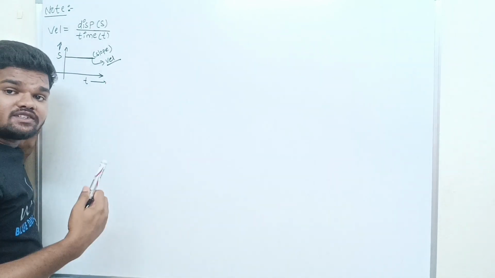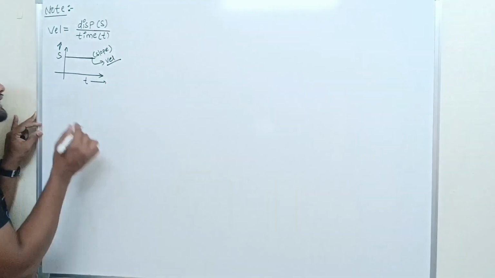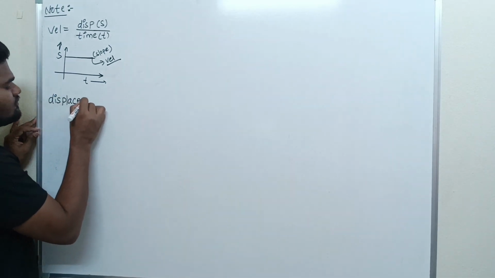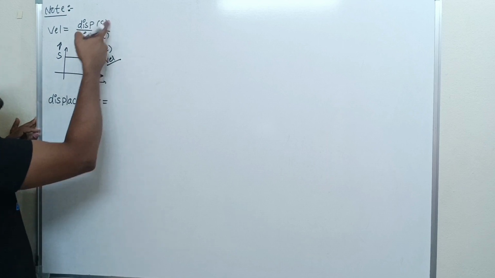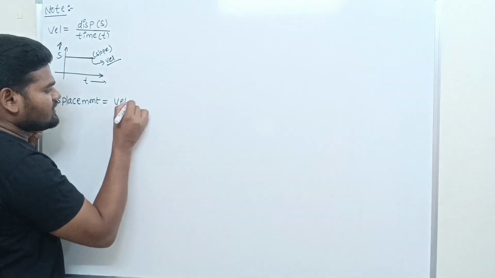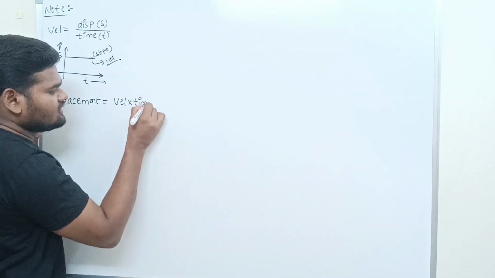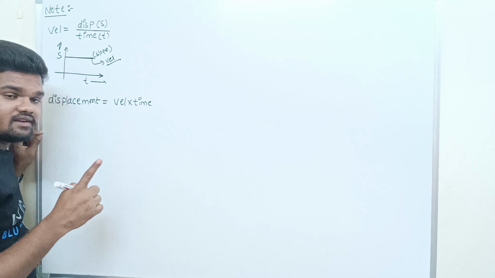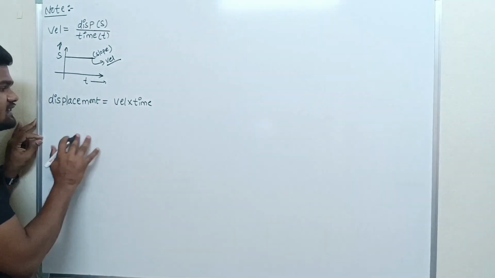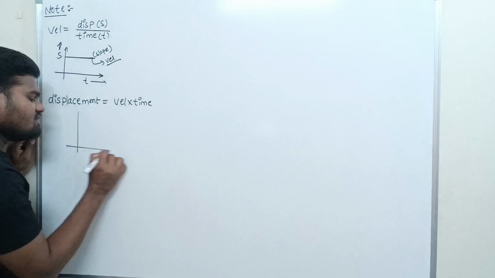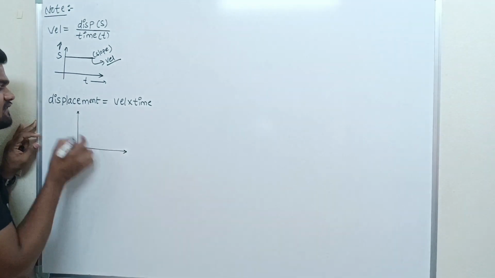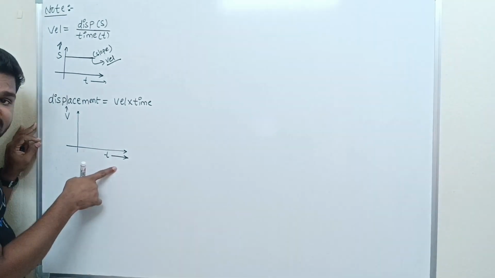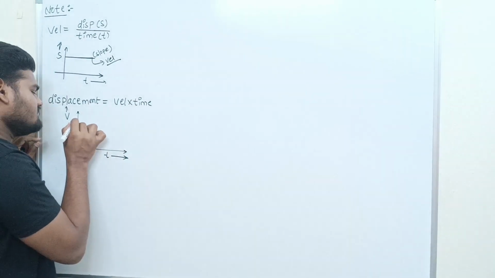From this equation, if I want to write the equation for displacement, displacement is equal to velocity into time. What is its meaning? That means if we draw the graph for velocity versus time, let's say I got the graph like this.